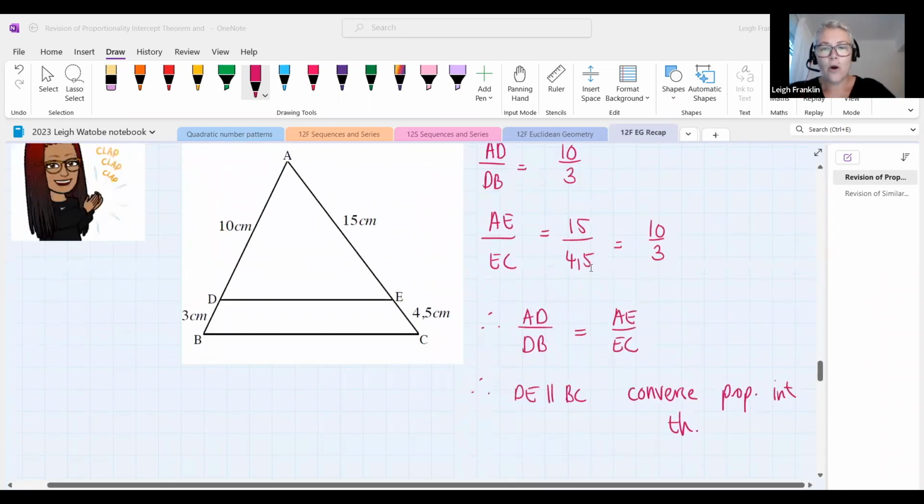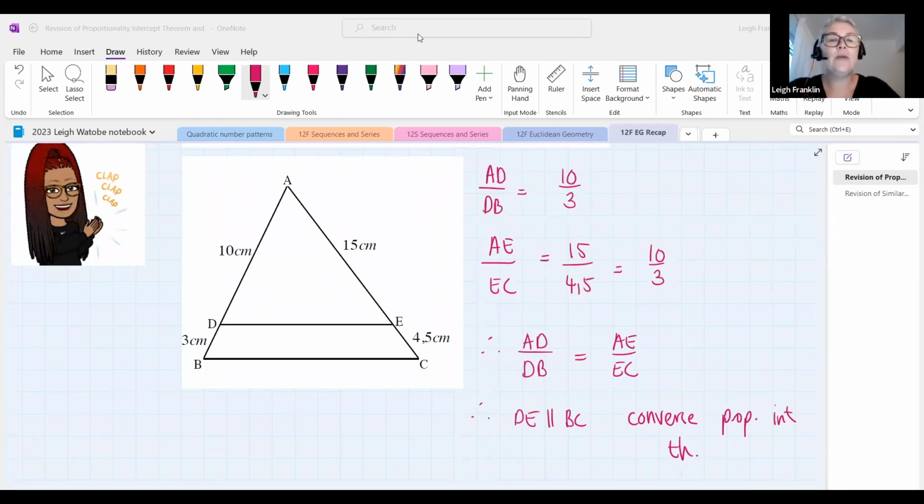If there's something that you are struggling with in this particular question, it's really helpful for both you and me if you can explain to us exactly what it is that you don't understand. Okay, how are they equal? Because they're equal to the same proportions. AD over DB is equal to 10 over 3.